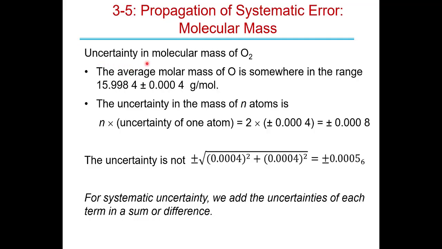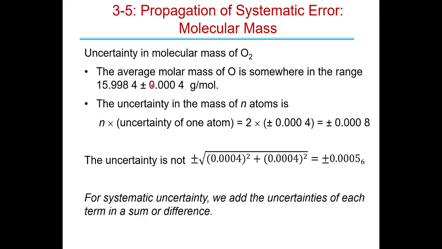So let's say we want to calculate the uncertainty in the molecular mass of O2. So that's made up of 2 oxygen atoms. So the average molar mass of oxygen is somewhere in the range 15.9984 plus or minus 4 in this last digit. So that particular sample of oxygen that we get that makes up this O2 may be systematically high, systematically low, depending on where on the planet we get it.